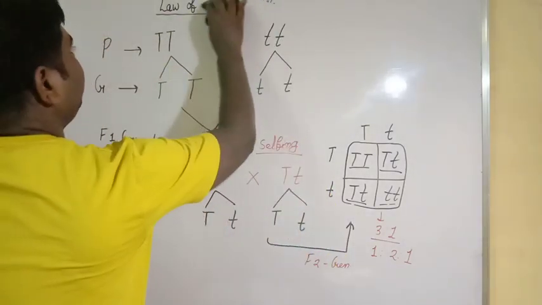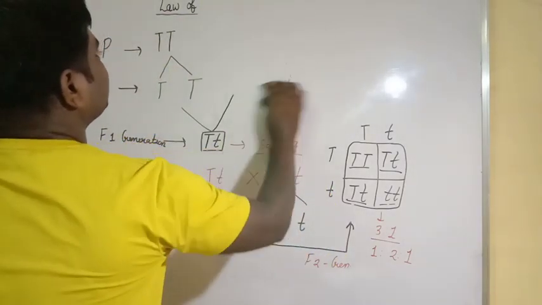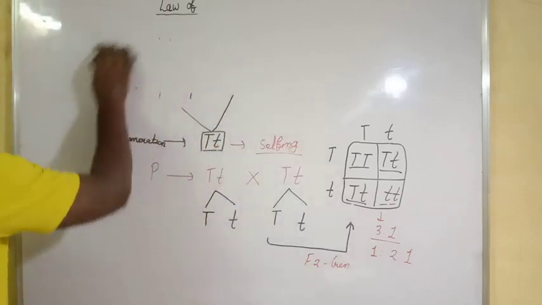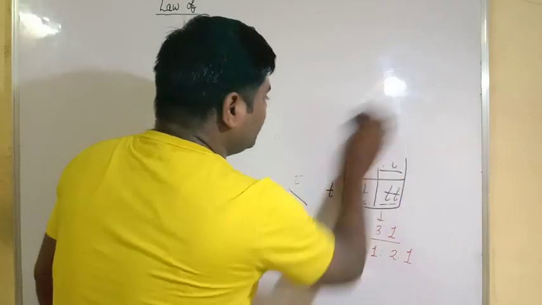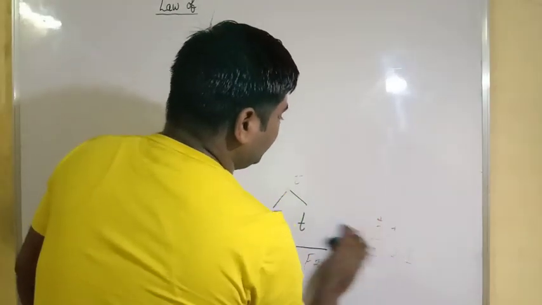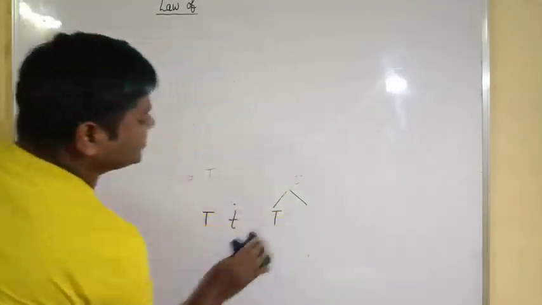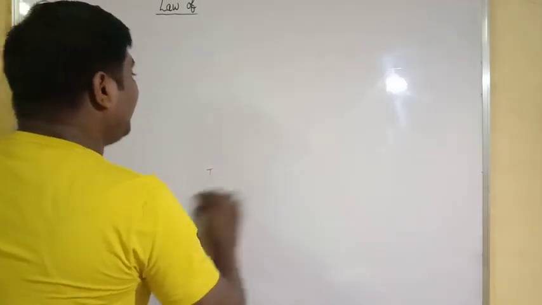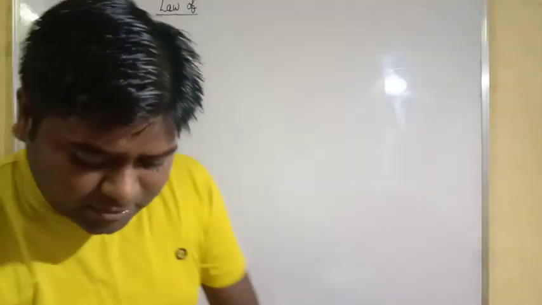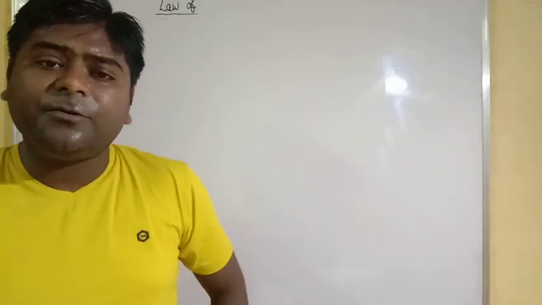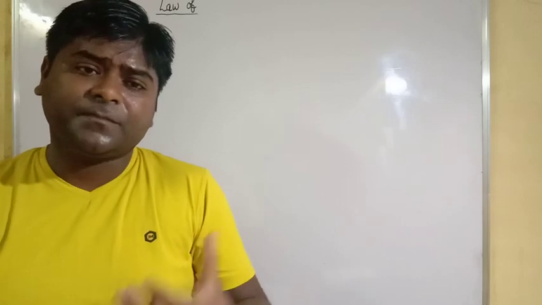So we will have a discussion of the third law, the law of independent assortment. In your syllabus you will have only the phenotypic ratio, but to get the phenotypic ratio we have to understand how many genotypes are formed, how gametes are formed, and which kind of parents are involved, and what the characteristics of a dihybrid cross are as well.